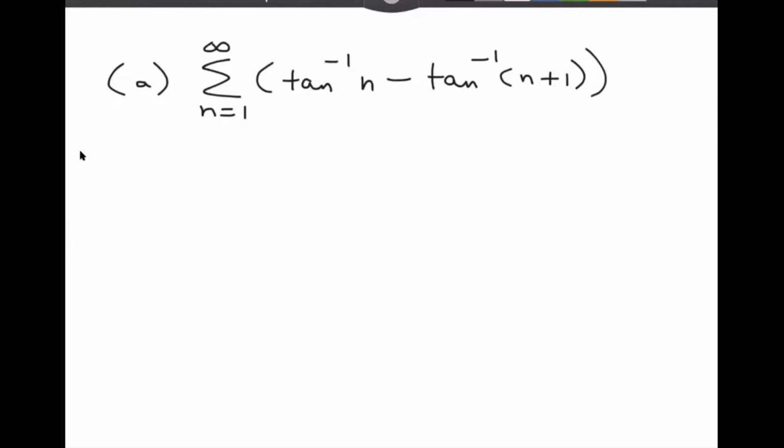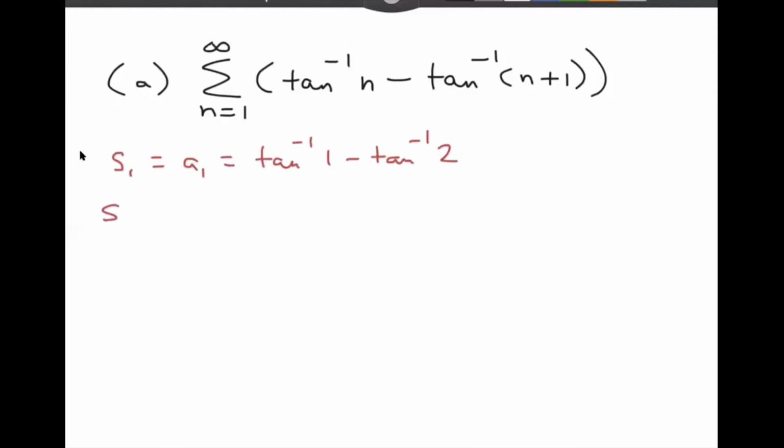What I like to do with telescoping series, and there are two indications that it might be a telescoping series. The easier one is the one you see here, that the term is a difference. So you see that minus in the middle? That means that when you start stacking these things up, S1 would be A1, which would just be the inverse tangent of 1 minus the inverse tangent of 2.